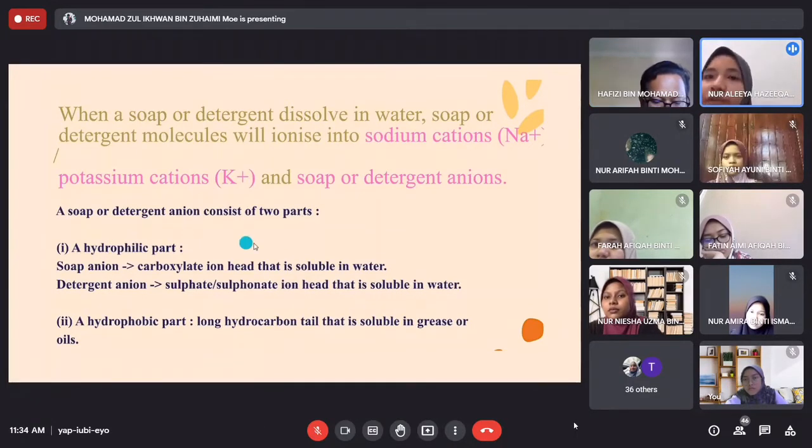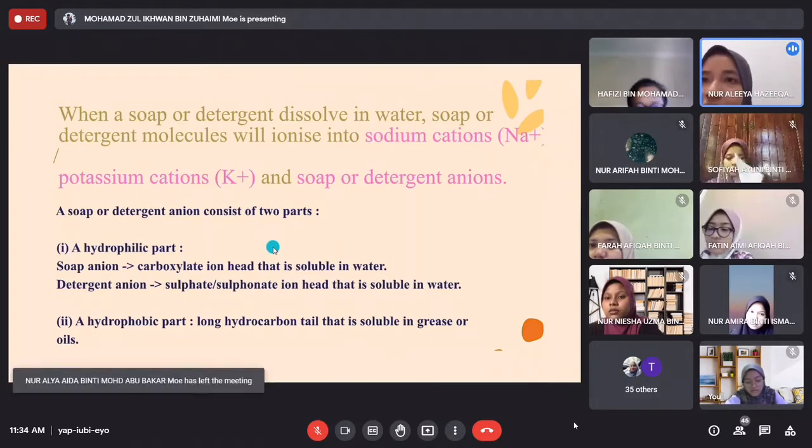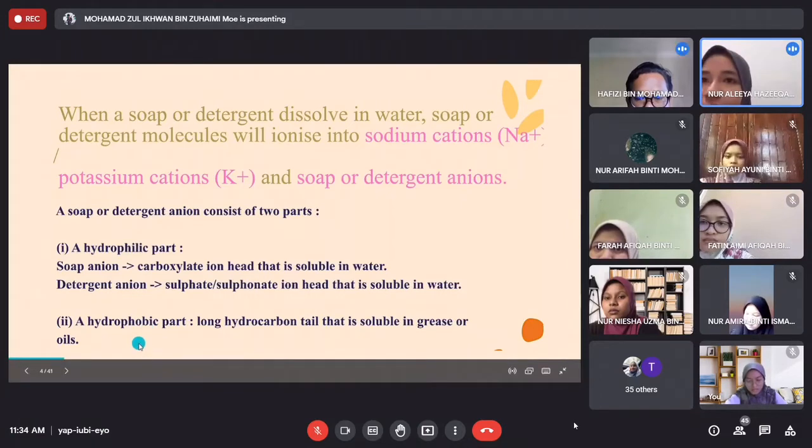First, a hydrophilic part, which for soap anion has carboxylate that is soluble in water, and for detergent anion has sulfate or sulfonate that is soluble in water also. The second part is a hydrophobic part, which is a long hydrocarbon tail that is soluble in grease or oil.